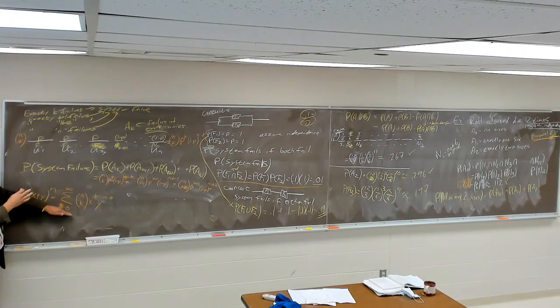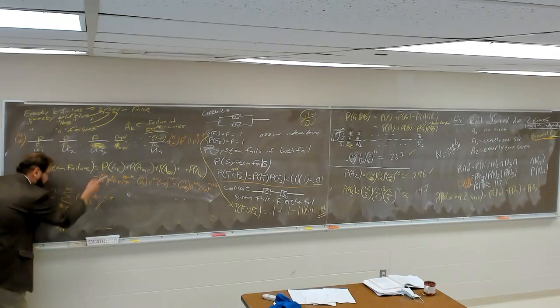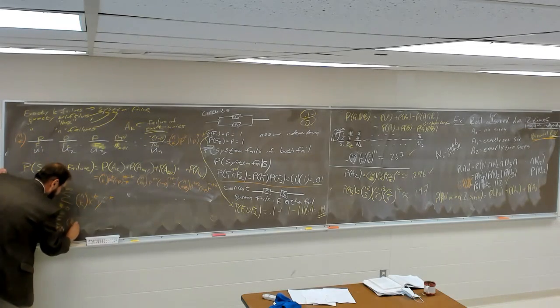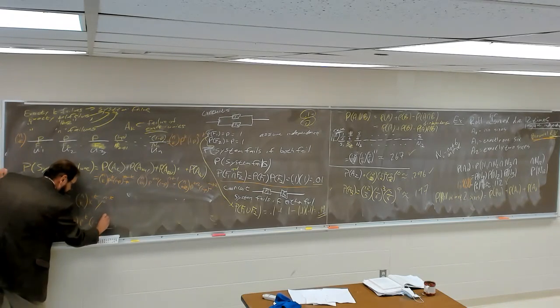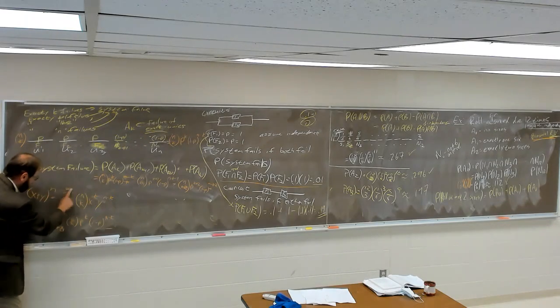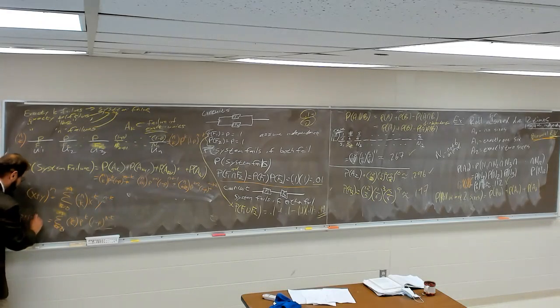If I were to add all of these things together, with everything that could possibly happen, my n choose k, my p to the k, and my (1 minus p) to the n minus k, and I start at 0 and go up to n instead of starting at k and going up to n, then this would sum to (p plus 1 minus p) to the n.